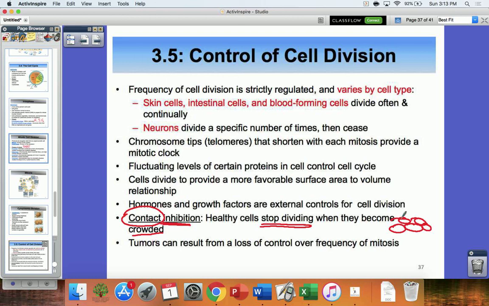We need to stop dividing before tumors start to develop, because tumors are just an overproduction of cells that's unregulated, and that's basically a tumor, because there's no control over mitosis. Those cells just continue to divide and go against contact inhibition.